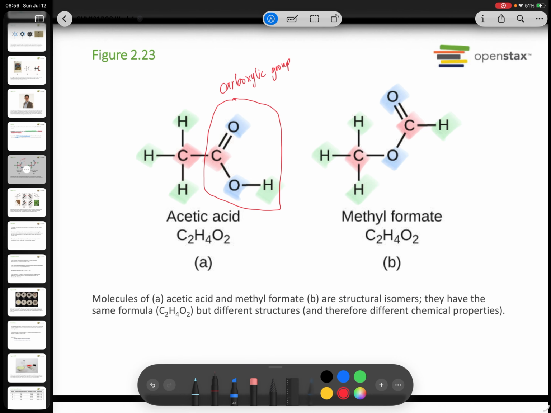And then, sa methyl formate naman, one oxygen is placed between carbon atoms. Okay? So, this is an ester arrangement, no? ROR. Ito yun. So, this is ester arrangement.